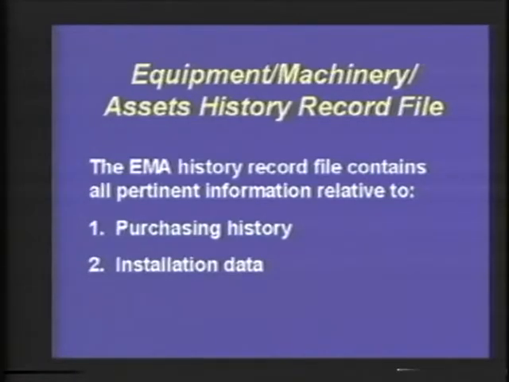Third would be all of the operational data or operating data, and that would include such things as power consumed, voltage characteristic, current characteristics, other applications like hydraulics, pneumatics, water systems, fire protection, and so forth.